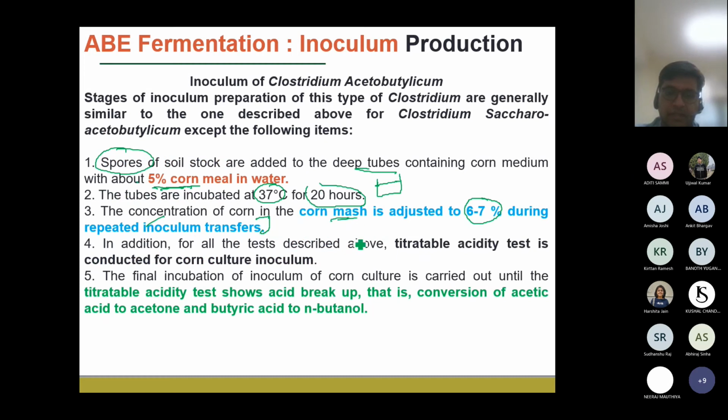In addition, for all the tests described above, we also find out the titratable acidity test. That is required especially for the corn culture inoculum. Now what is the titratable acidity test?